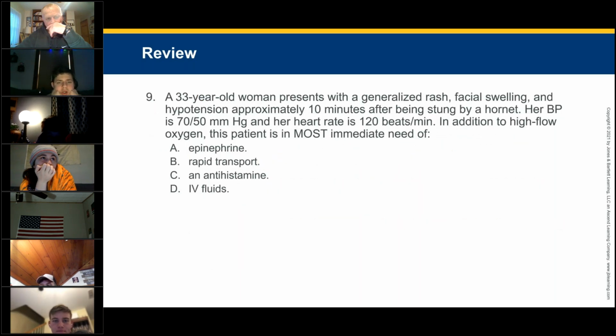A 33-year-old woman presents with generalized rash, facial swelling, and hypotension approximately 10 minutes after being stung by a hornet. Her BP is 70/50 and her heart rate is 120 beats per minute. In addition to high flow oxygen, this patient is in most immediate need of what?